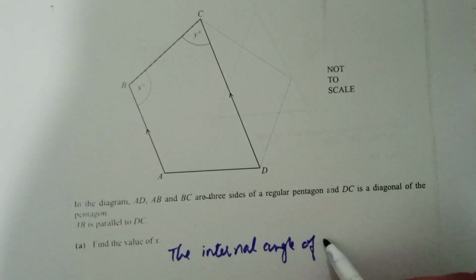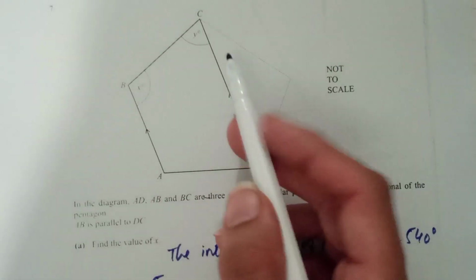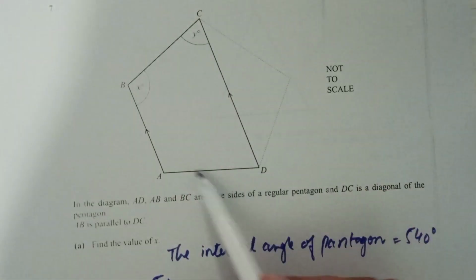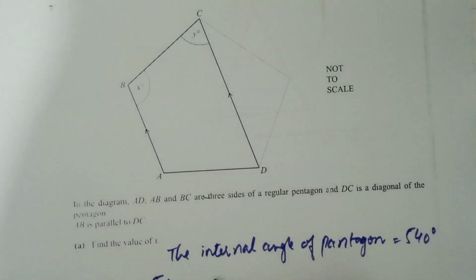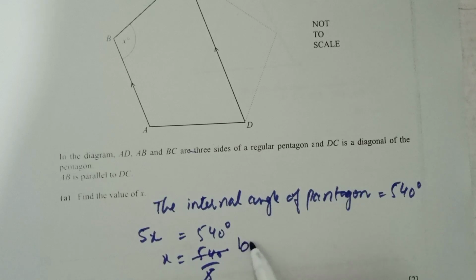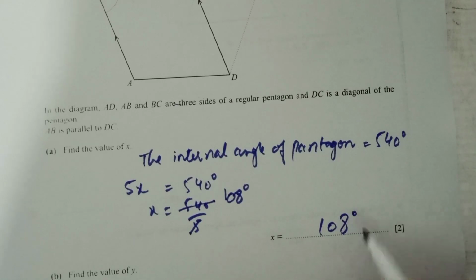There are five angles in the pentagon, and 5x is equal to 540. We have to divide 540 by 5, and we get 108. Its answer is 108 degrees.